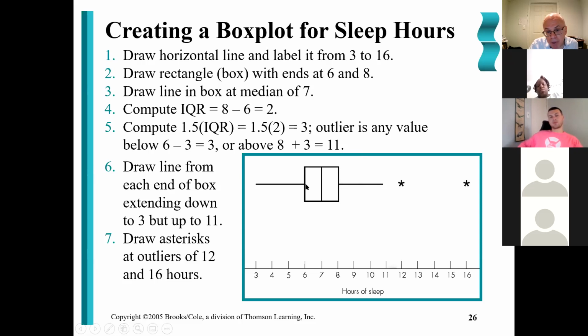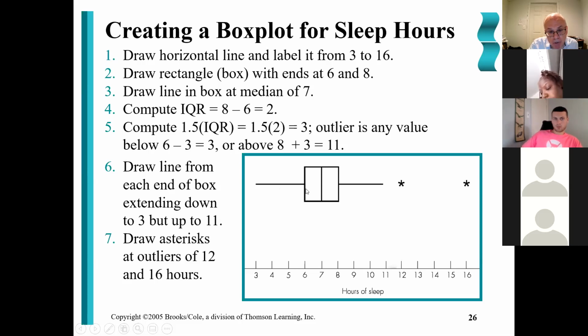Now, you do the same thing on the left here. We'll look at small outliers. What you do is you take your 1.5 IQR, which is 3, and subtract it from the lower quartile. So this time you're subtracting it. Why? Because now you're looking to the left. The lower quartile is 6.